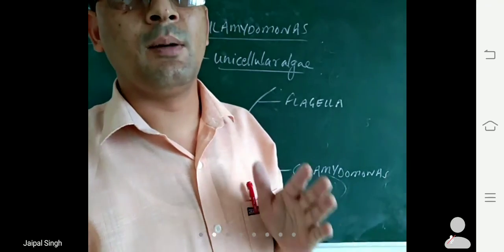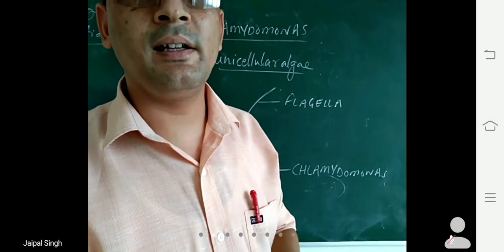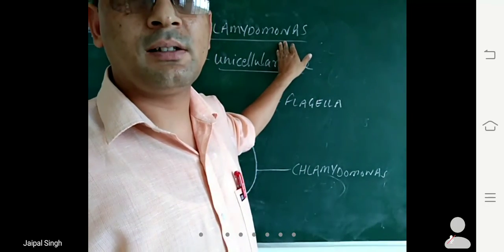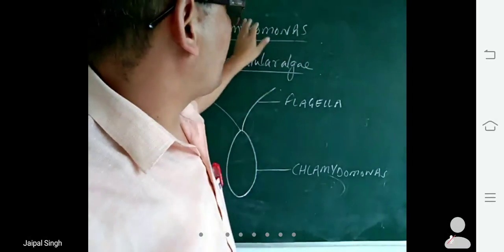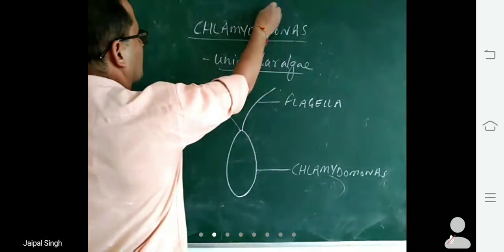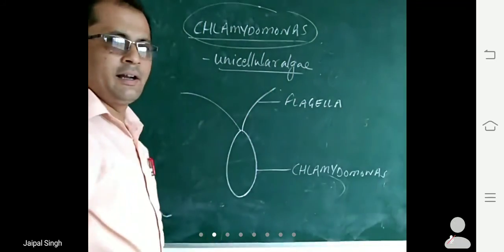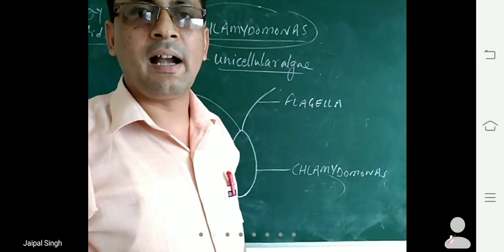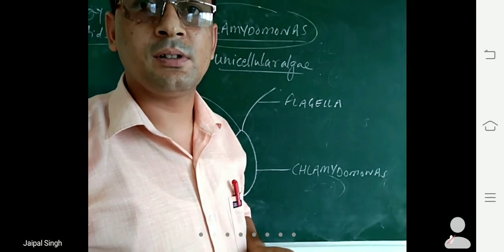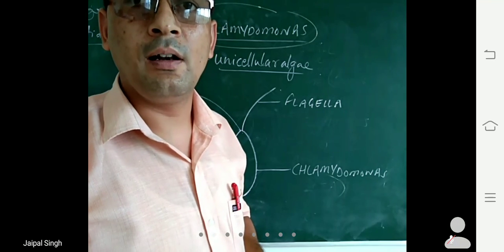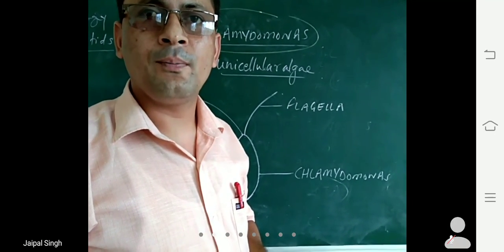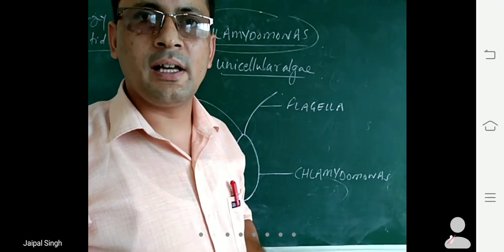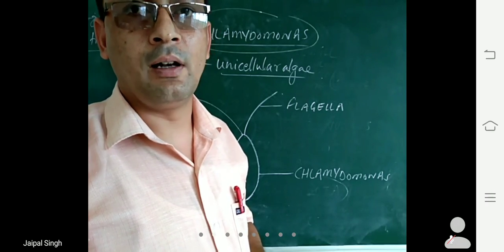And the main important thing to remember here is that chlamydomonas is the name of an algae, and algae are plant-like organisms which contain chlorophyll. Means these algae are able to prepare their food, because they contain the pigment chlorophyll.